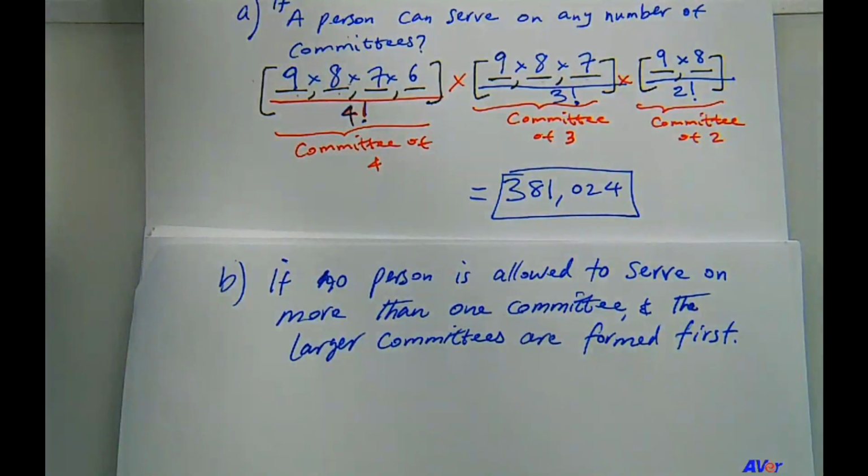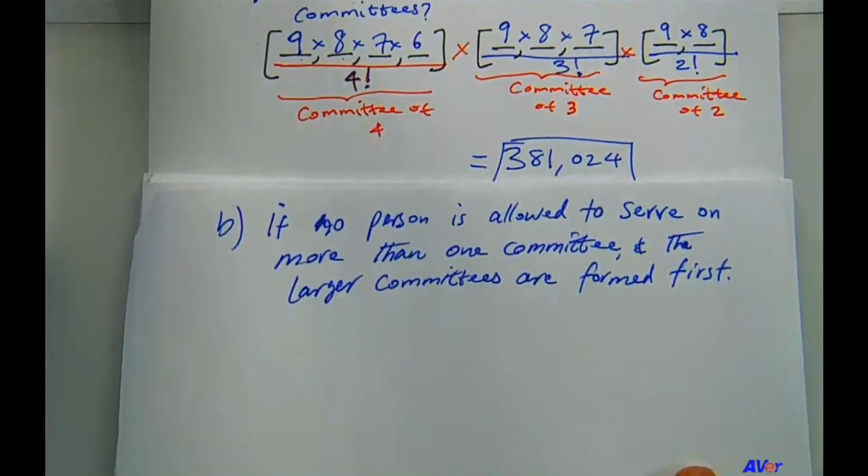So no person is allowed to serve on more than one committee, and the committee that has 4 people is formed first. Then the committee that has 3 people is formed second, and finally the committee that has 2 people in it.